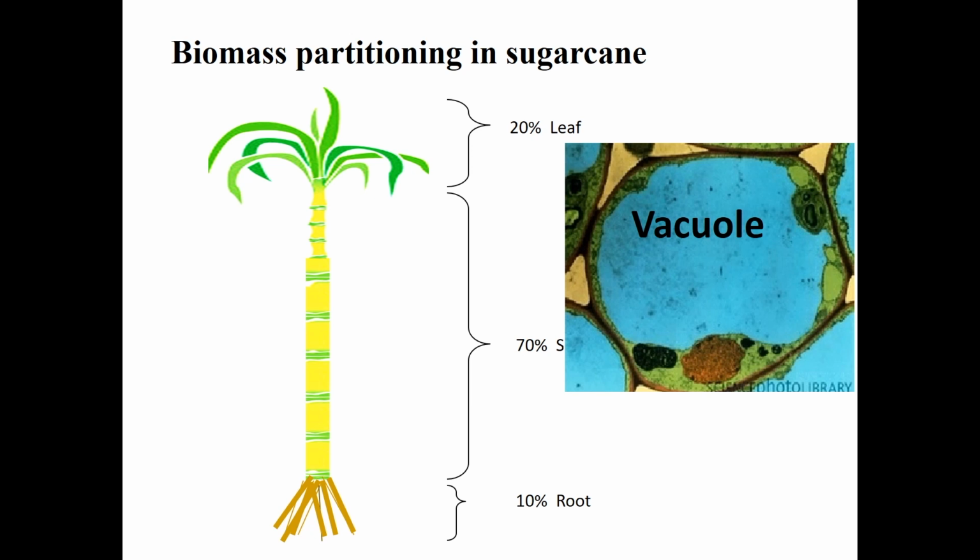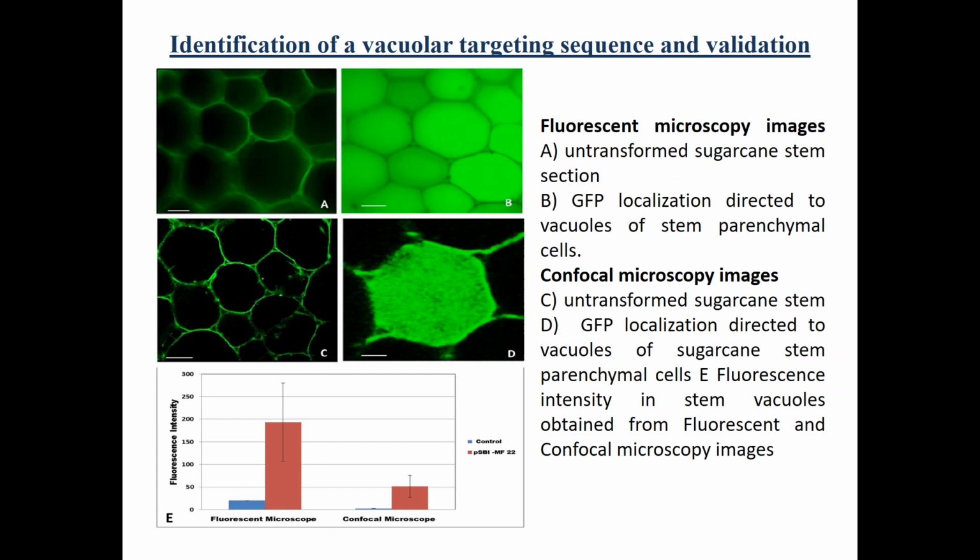The top of the sugarcane is leaf, and the stem part has maximum space occupied by the vacuole where sugar is stored. So when we transform sugarcane by targeting a particular protein to the vacuole, it is going to be a superb success because of the high scalability, or excess production, of the protein molecule in the vacuole.